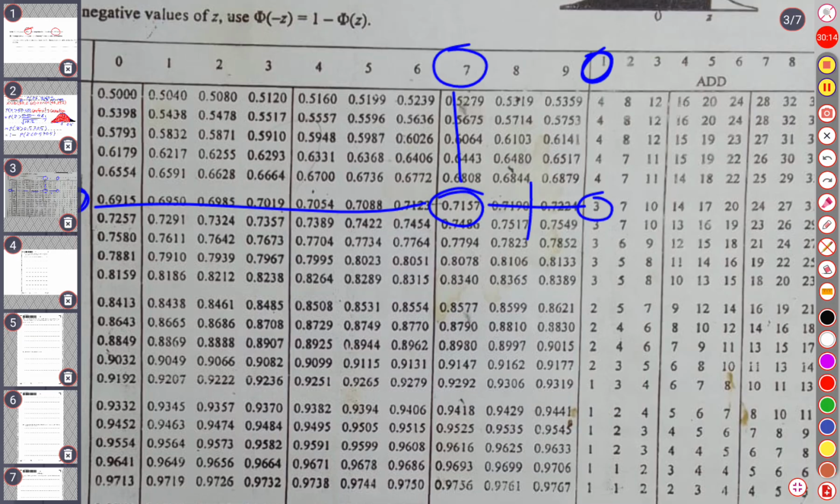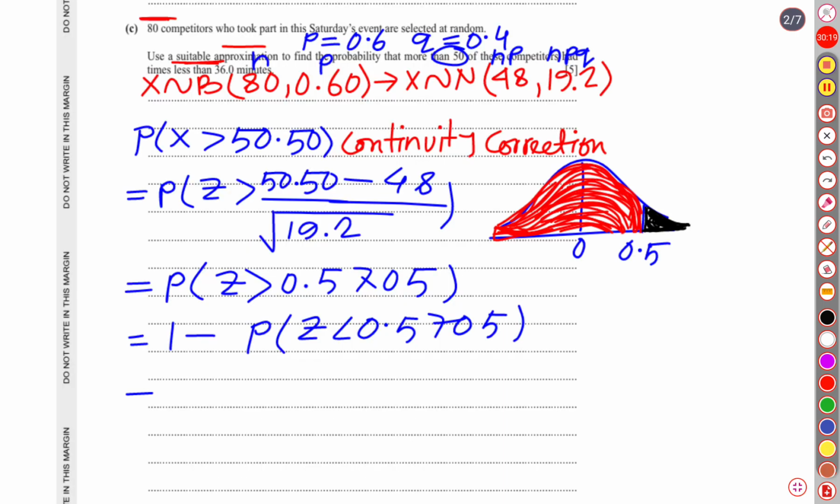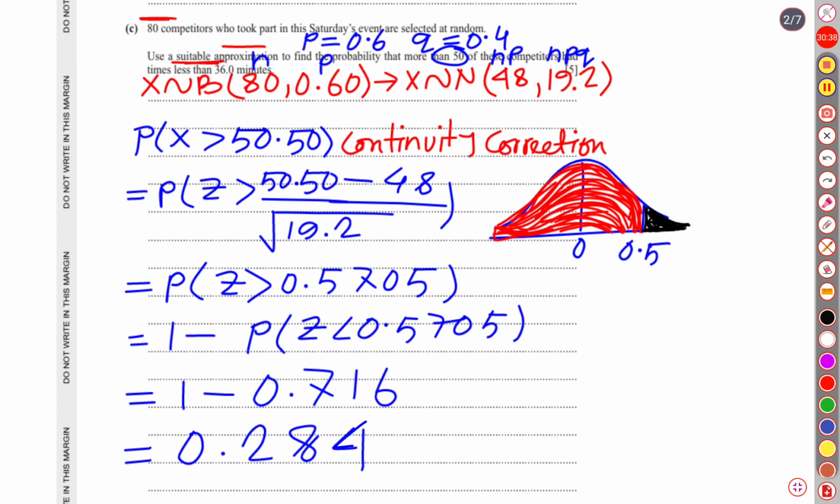So our corresponding probability for this z score was 0.716. After that, if we subtract from 1, it is going to be 0.284. That is our approximate value from this normal distribution.